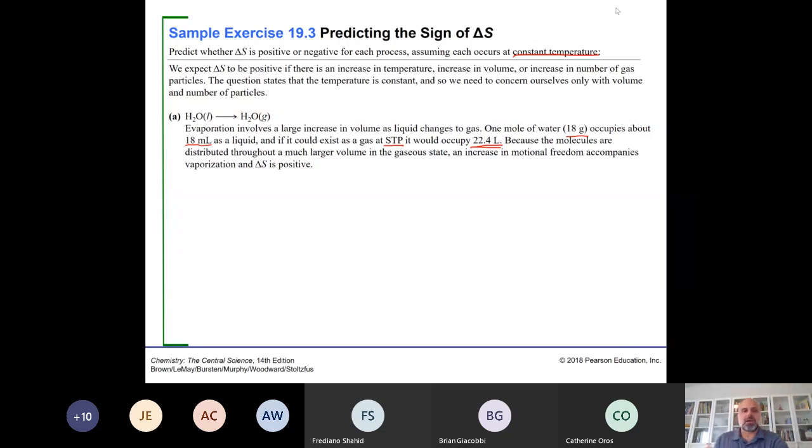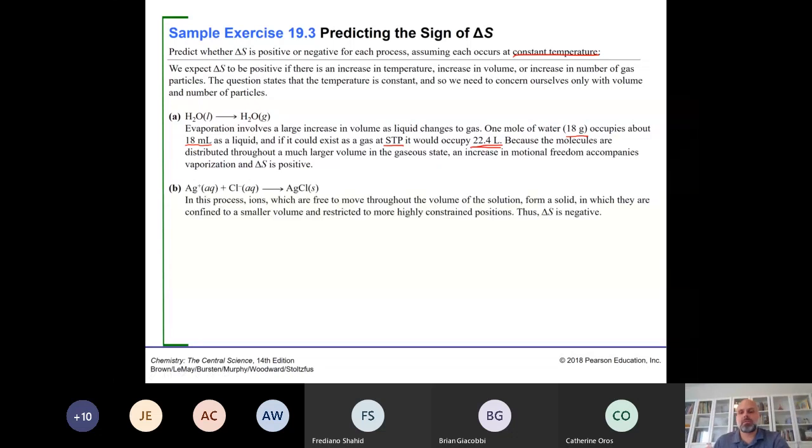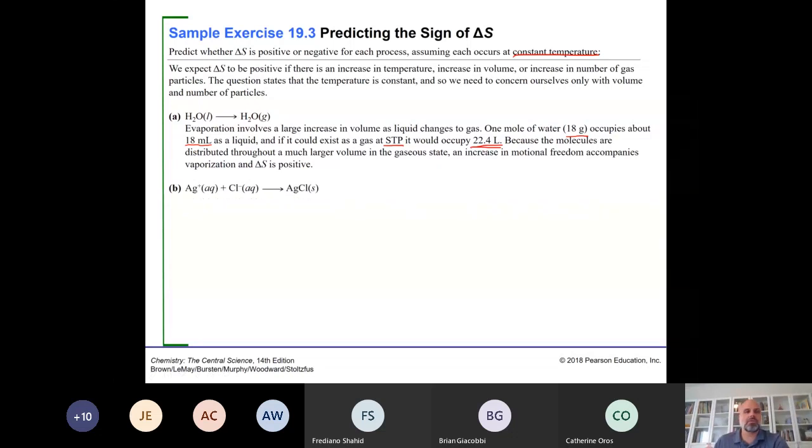All right, so then what's going on here? Silver chloride being formed. Silver ions in the aqueous state react with chloride ions in the aqueous state, and they precipitate out silver chloride.